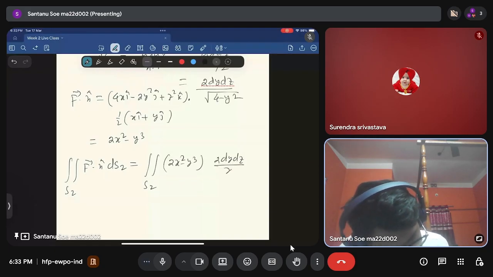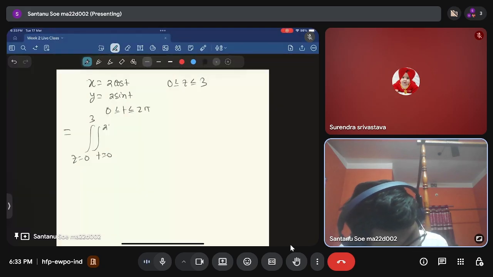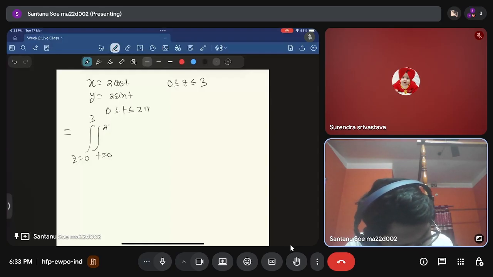2 into 2 cos t whole square minus 2 sin t whole cube, and then 2 dy dz divided by x. So 2 into 4 cos t, sin t, sorry.